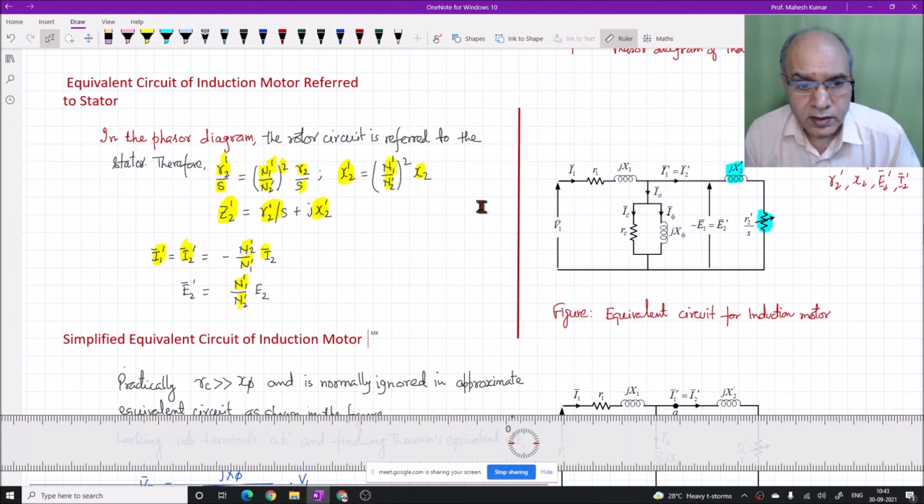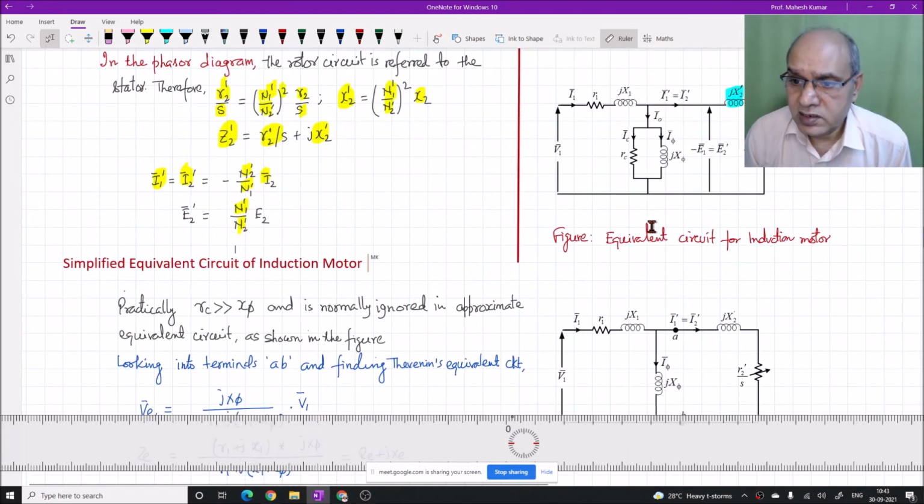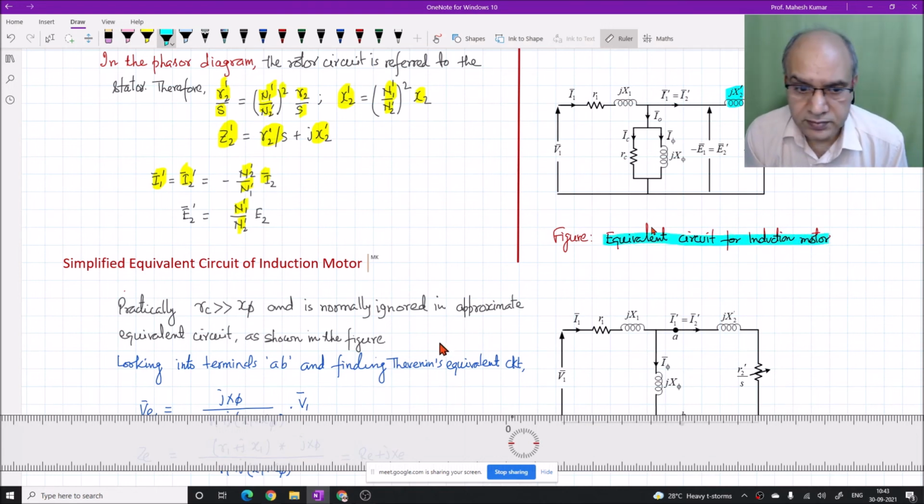Okay. So this is the equivalent circuit for the induction machine or induction motor, you can say, for the time being. Now when we analyze this circuit, we make some approximation.